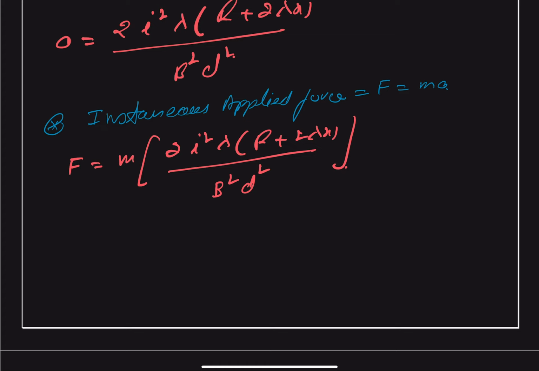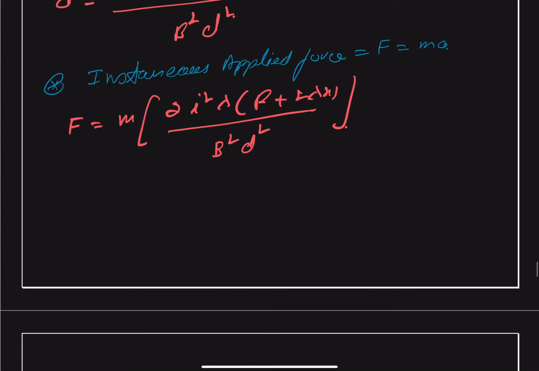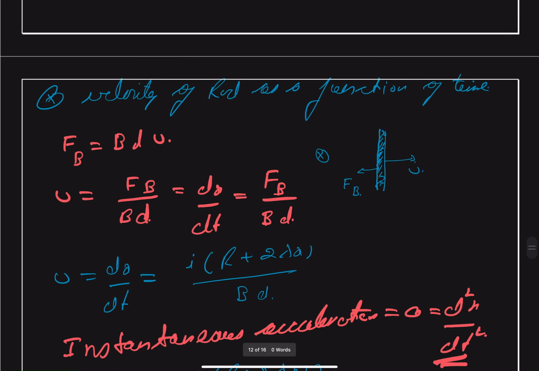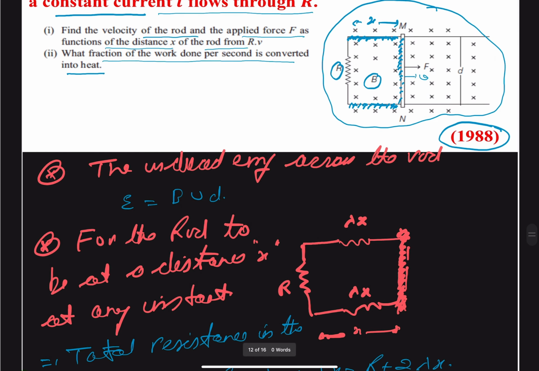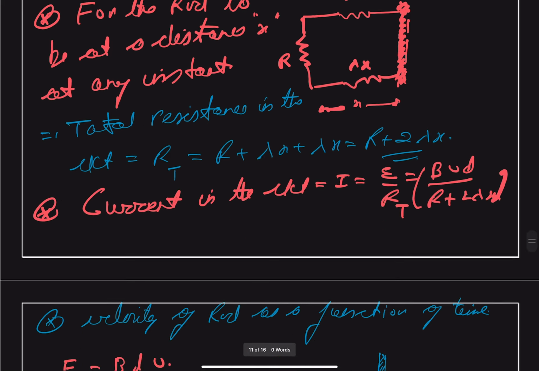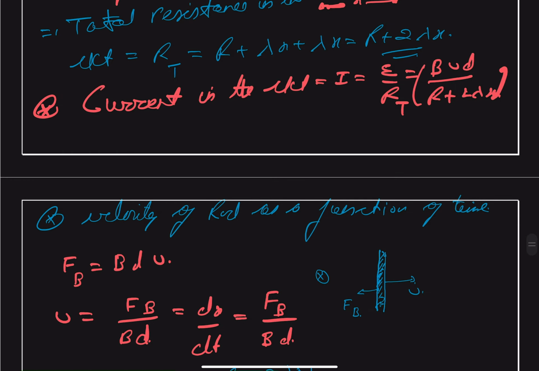And in part B, we are supposed to find the fraction of work done converted to heat.